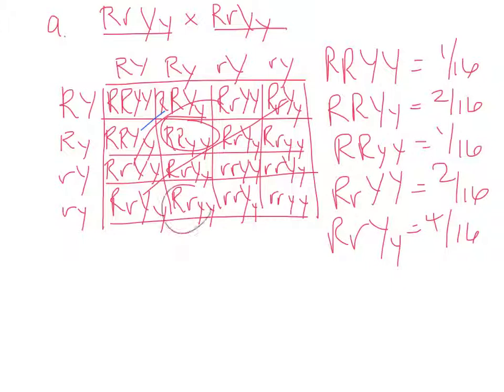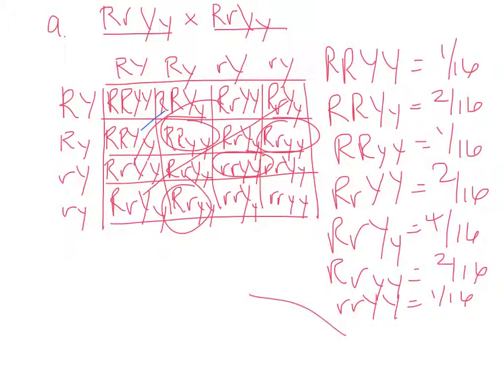And then we have these 2. Big R little r little y little y is 2 out of 16. Little r little r big Y big Y is 1 out of 16. I'm going to go over here to finish. Little r little r big Y little y is 2 out of 16.